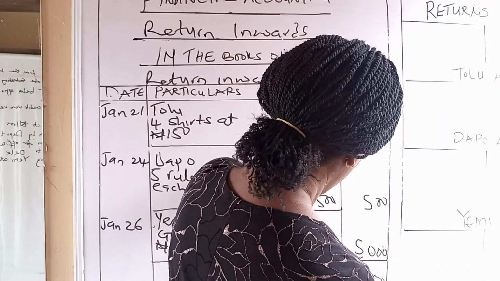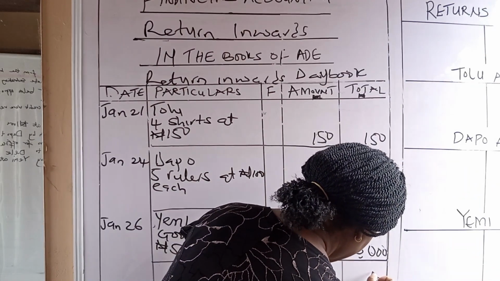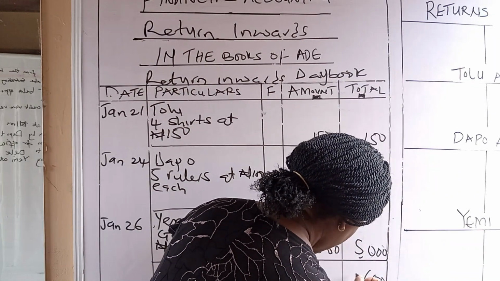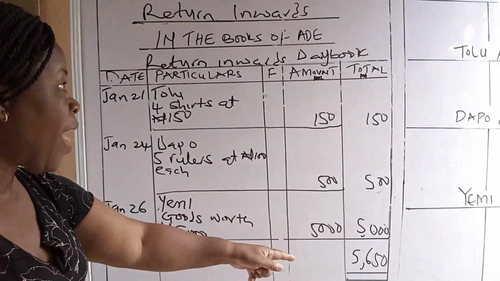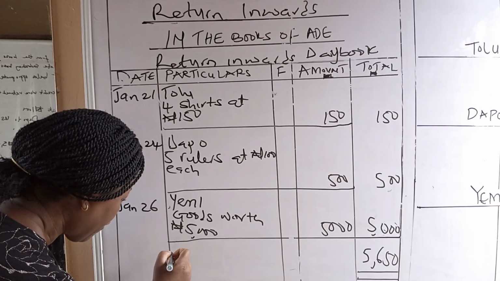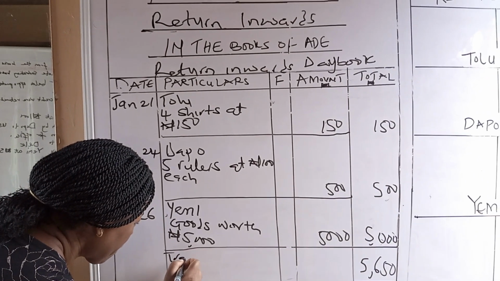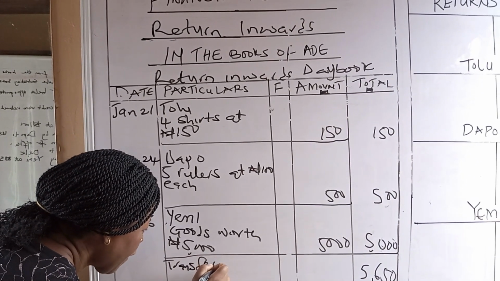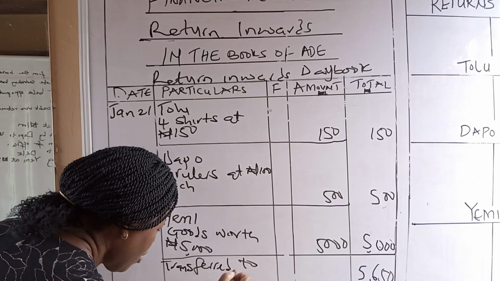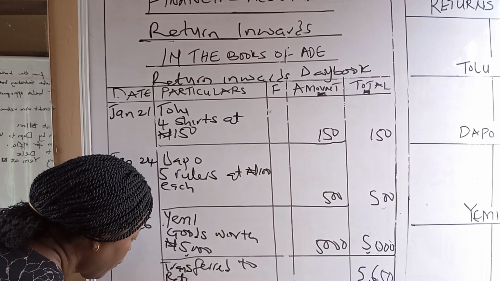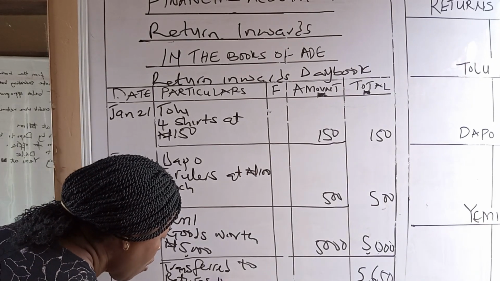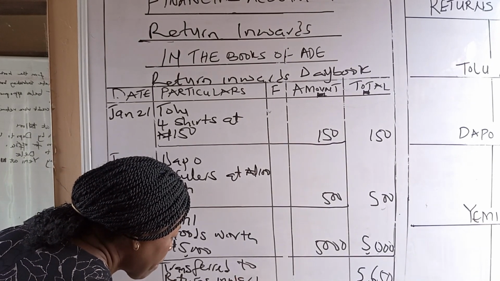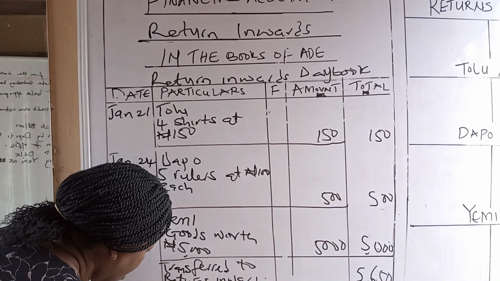So at the end of the month, the total amount will be transferred to the return inwards account.